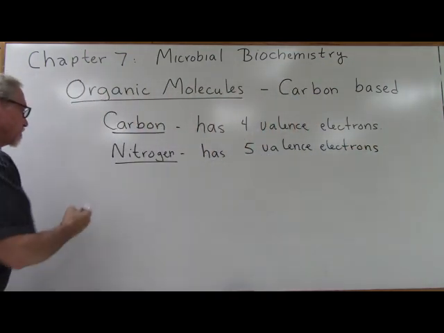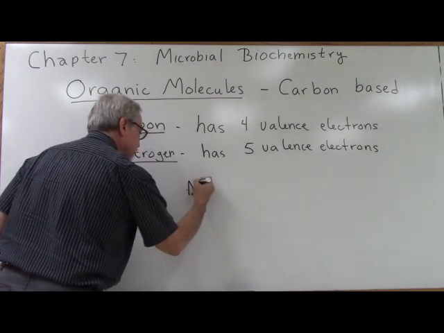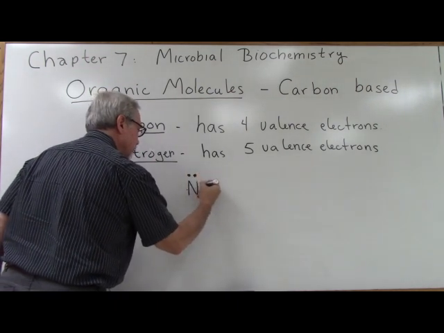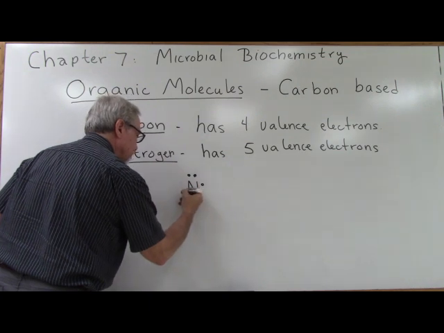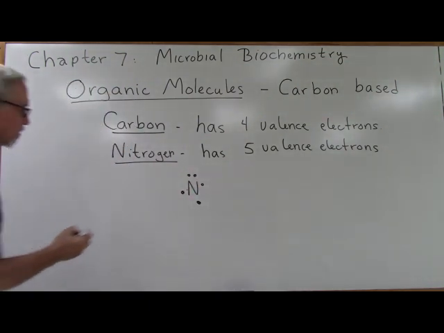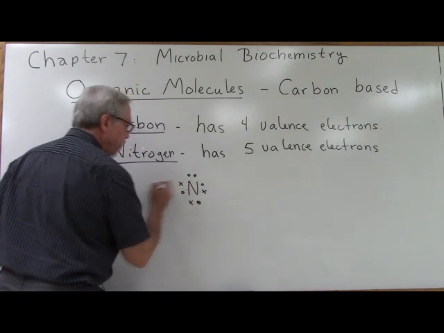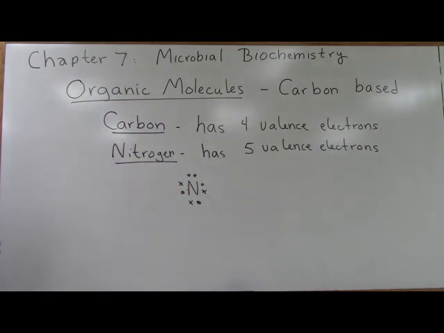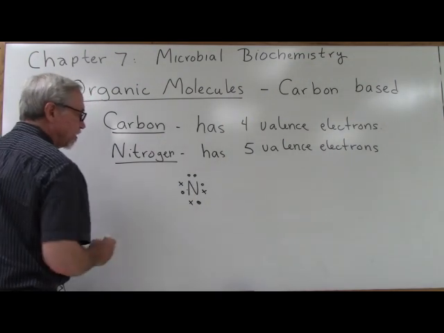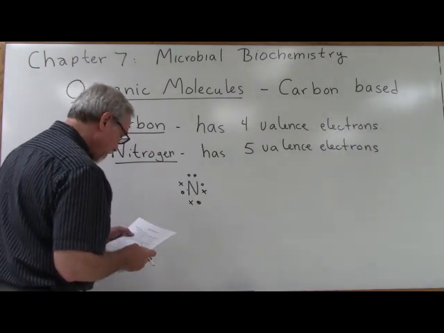If we were to draw the Lewis dot formula for nitrogen, it will look like this. There are our 5 valence electrons. If you look, there are 1, 2, 3 holes now, if you will, where it can form covalent bonds with other atoms.